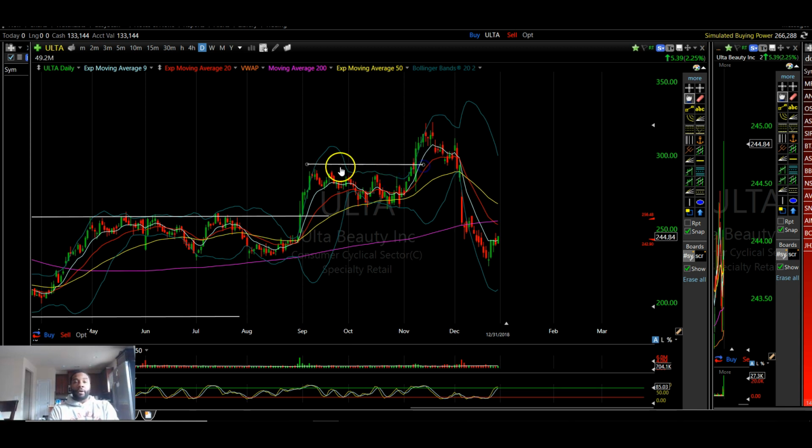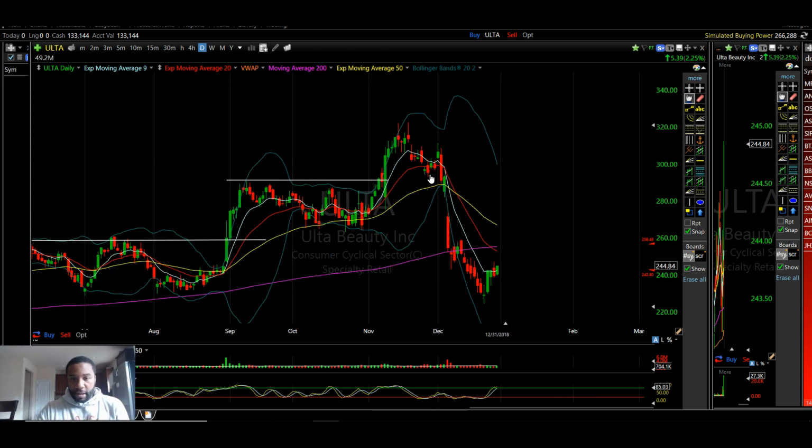I much prefer horizontal resistance as opposed to diagonal, because horizontal resistance is a little less malleable, less flexible than diagonal resistance. So this thing didn't give us any more pullbacks. These pullbacks resulted in crashes.